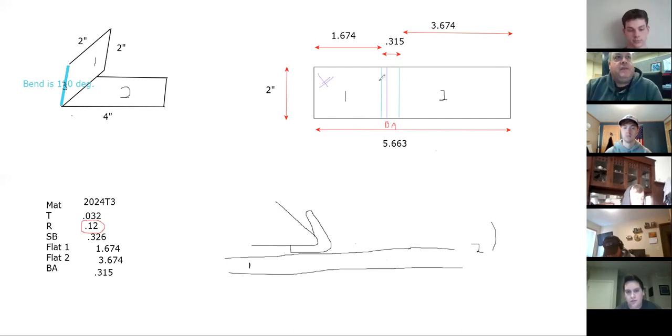Noah, this bend tangent line right here would be where in relation to our break here? Just under the nose. So maybe right about here? Yeah, maybe even a little bit more in, but yeah. Okay, so right about here. I agree. So that bend tangent line would be right about there.